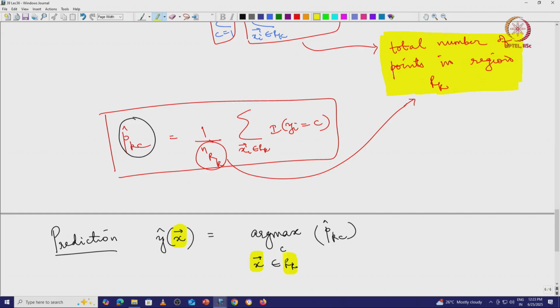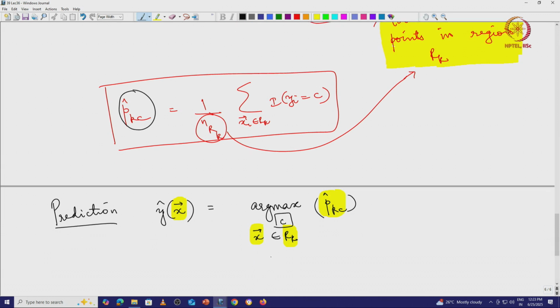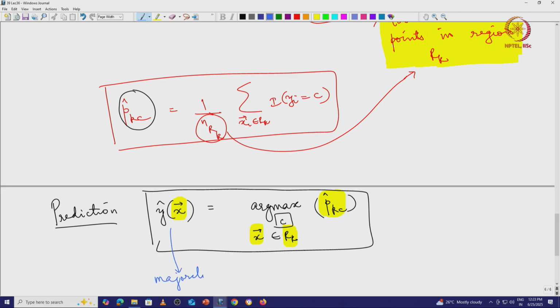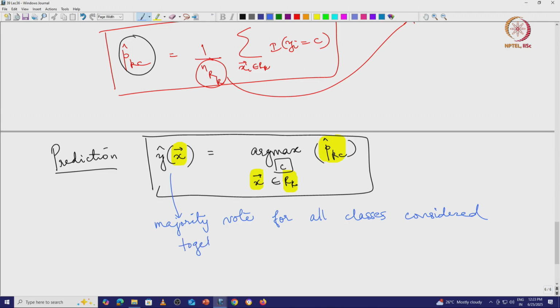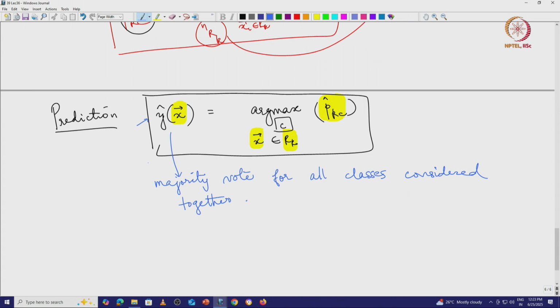So let us say that is region K, then you look at all the probabilities in that region K, and then you pick the class which has the highest probability. So this essentially is a mathematical way of saying that we just go ahead with the majority vote. So the prediction is the majority vote for all classes considered together. So we consider all the classes together and see which class has got the majority vote, and that is the prediction of the class in that particular region.